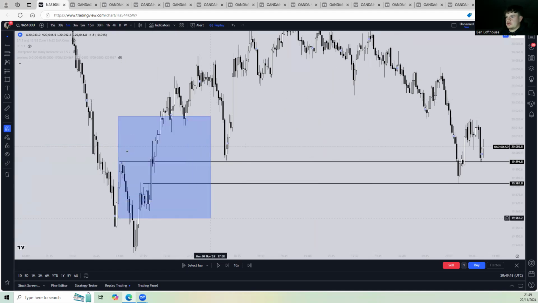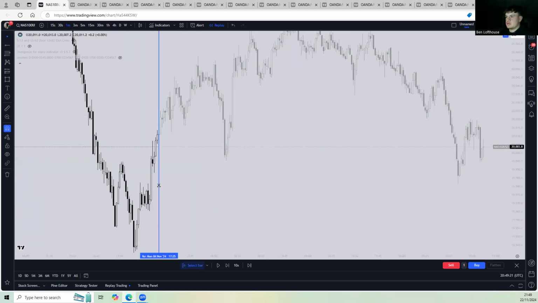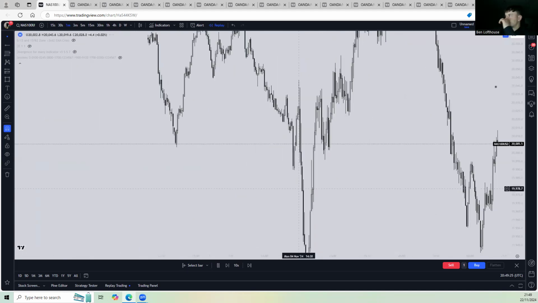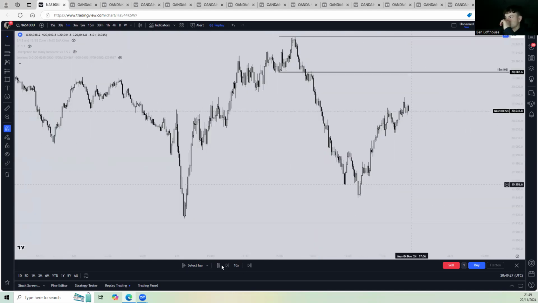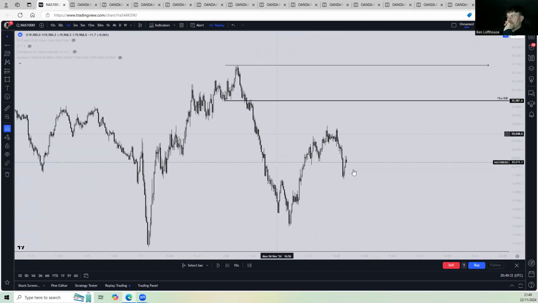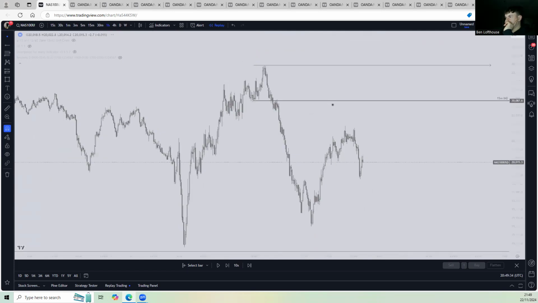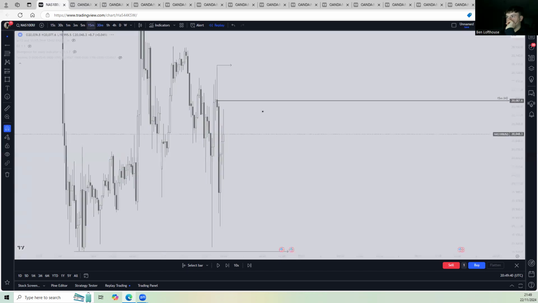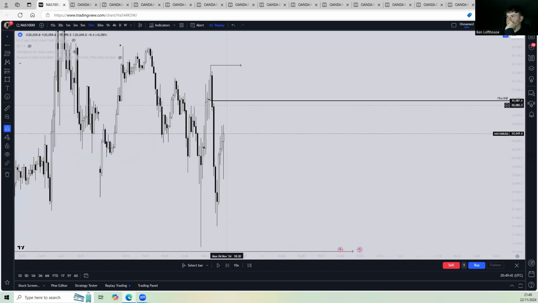So let's just carry on just on this day and we'll pretend that we missed that entry. So let's say we missed that entry and we're sort of still looking. So we know there's imbalance here in the 15-minute candle.